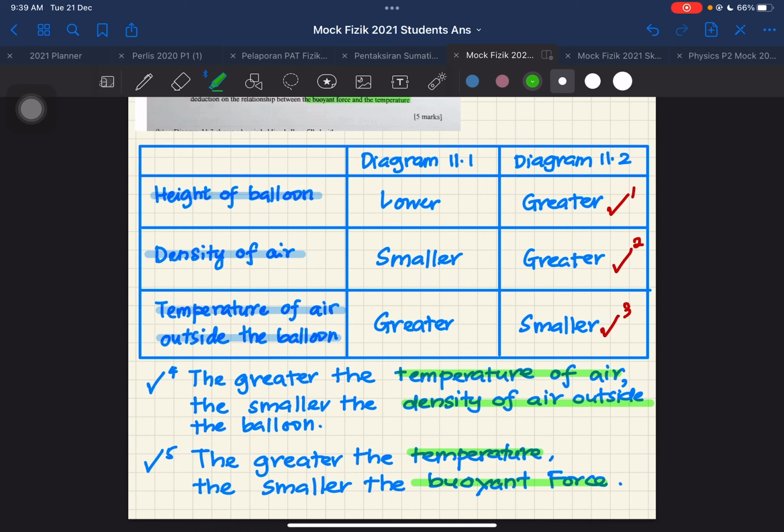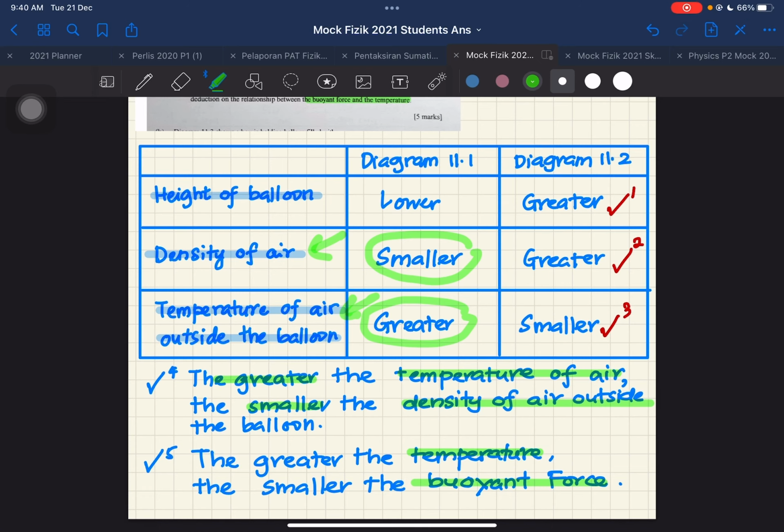So temperature and density: we can see that the greater the temperature, the smaller the density. You get your mark number 4. And then mark number 5 will be for the buoyant force and temperature.